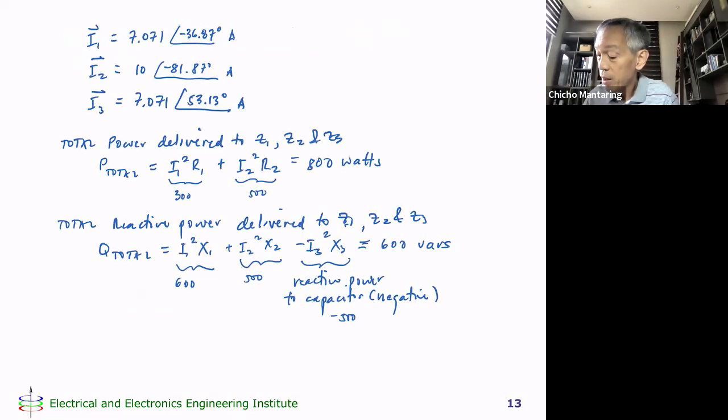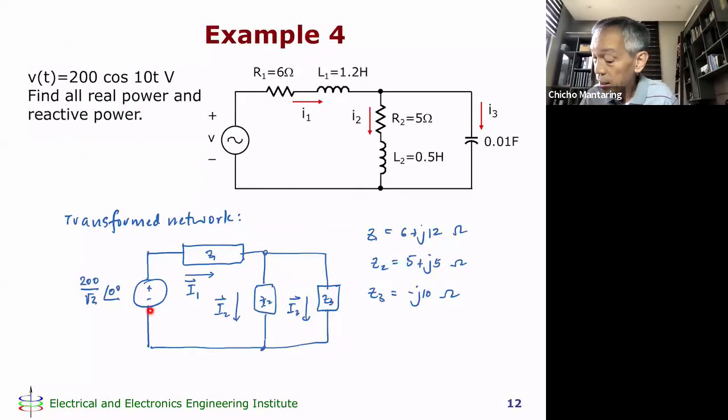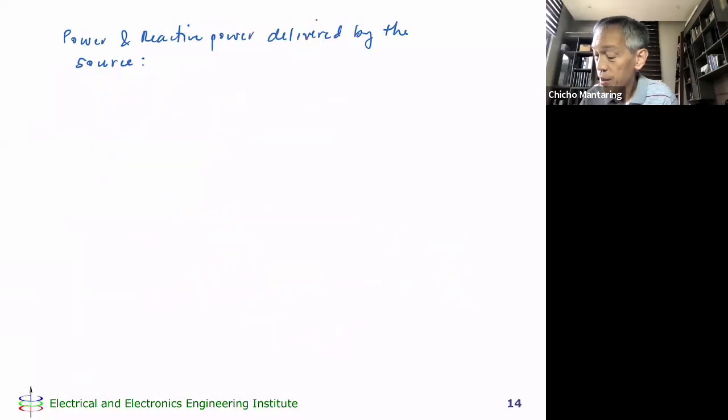Okay. So what is this? This is the source voltage Vs. That's 220 at an angle 0 degrees. And what is our source current?